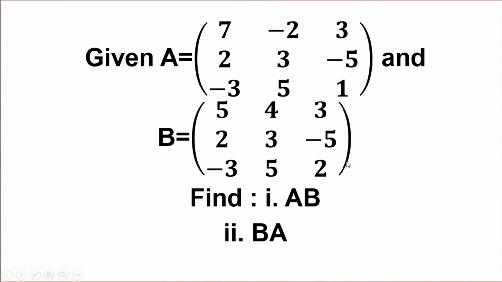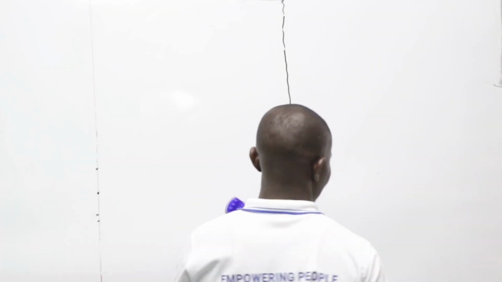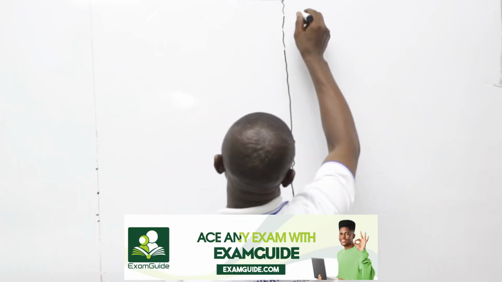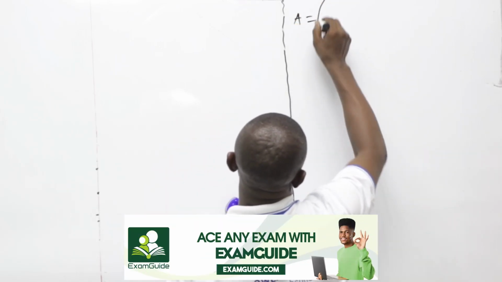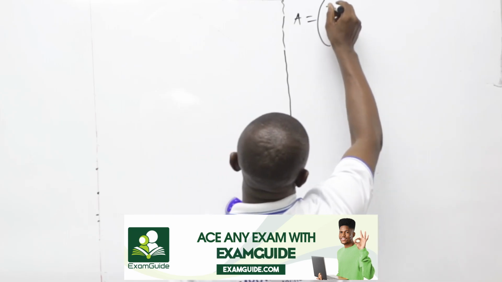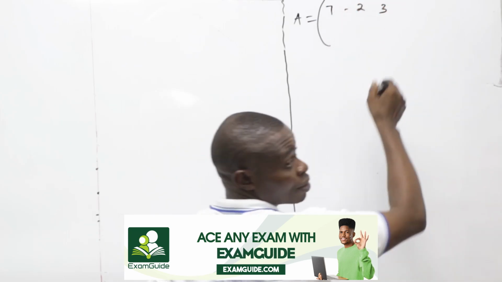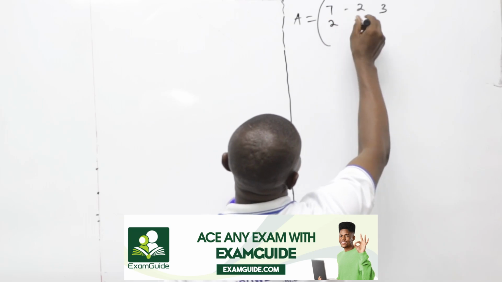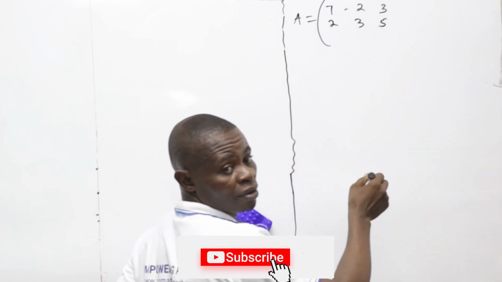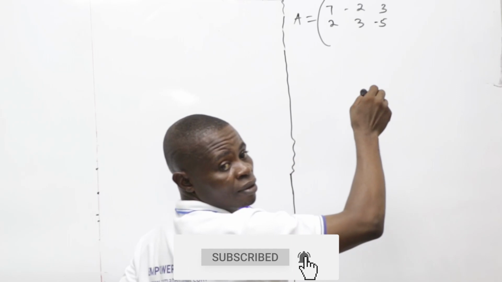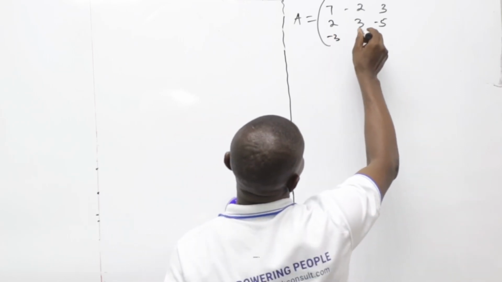Can you see it? Given A to be this. It's almost the same thing, just that it's longer than the 2 by 2 method. Now we have A to be equal to 7 minus 2, 3, 2, 3, 5, minus 5, then minus 3, 5, and 1.